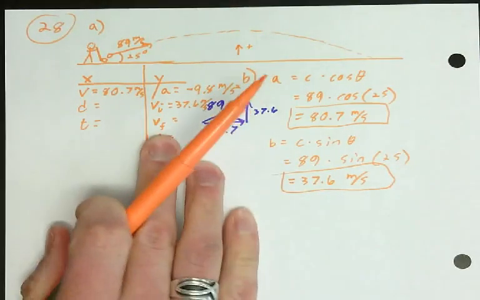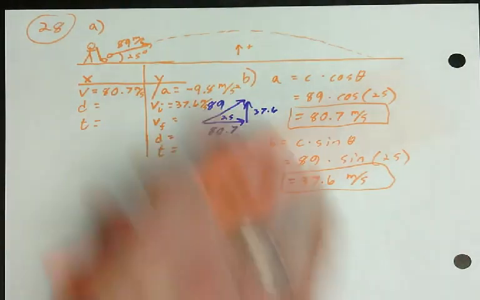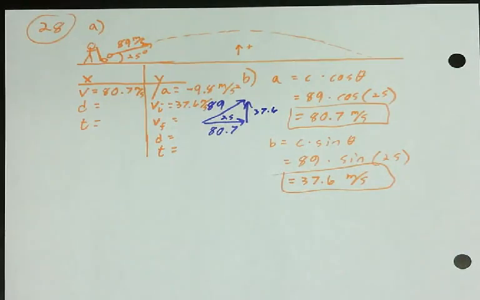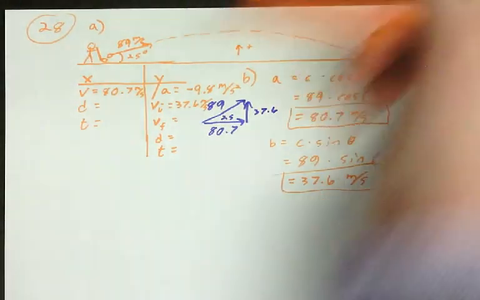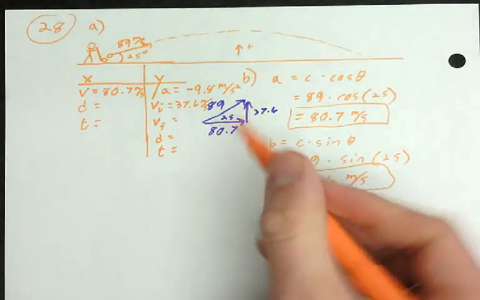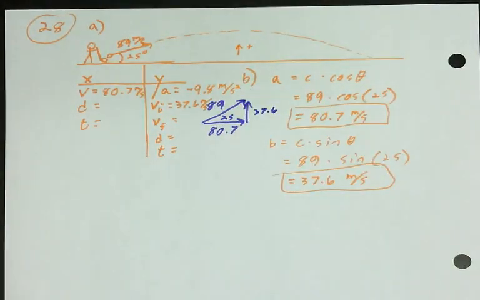I don't know anything about the final velocity yet, because I don't know what point it's talking about. I don't know the vertical displacement, like how high it is from here to there. And again, I don't know how long it's going to take. So that should give me everything set up for B.